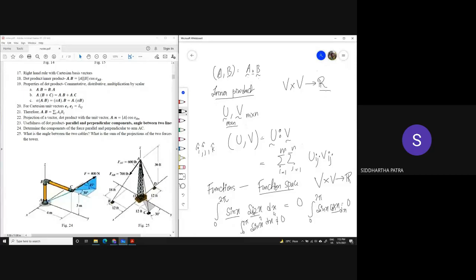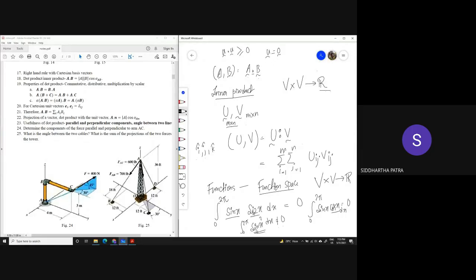Whenever you do an inner product of two mutually orthogonal basis functions, they eventually lead to 0. Whereas if you take the same function, the inner product is non-zero, unless of course the function you are taking is trivially 0. That also applies to the dot product that we are talking about, which is one of the inner products. So u dot u is always greater than or equal to 0, and equality only holds when u is trivially 0.